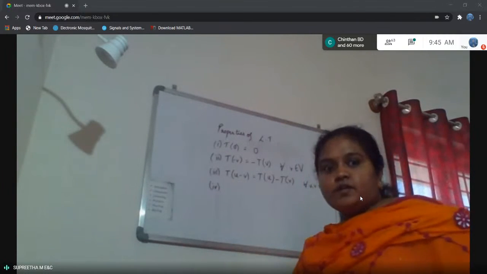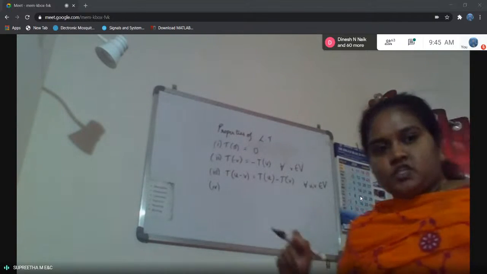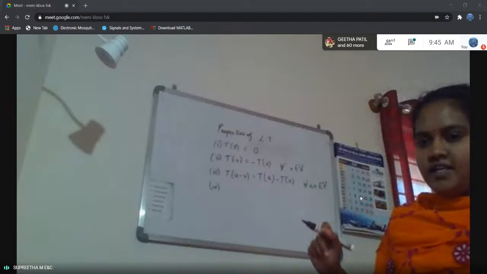It's a combination of the scalar multiplication as well as the addition.